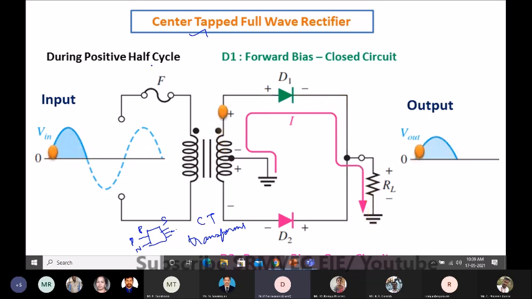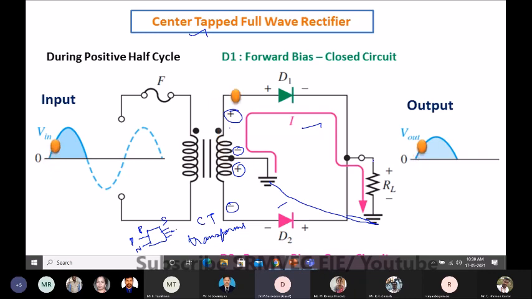During the positive half cycle, what happens? You can see one of the diodes is forward biased, whereas the other one becomes reverse biased according to the power supply. For example, at one end it is positive, the center tapping is negative, and the other end is negative. Actually this ground is connected here, so we have to know this loop. In this loop it is reverse biased, whereas in the upper loop it is forward biased, so we have the output.